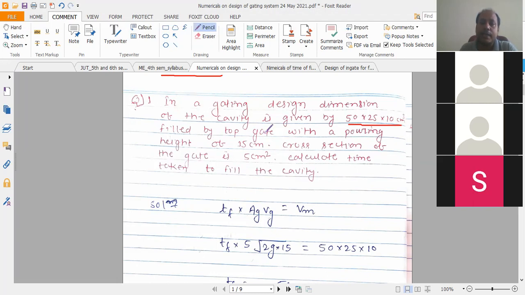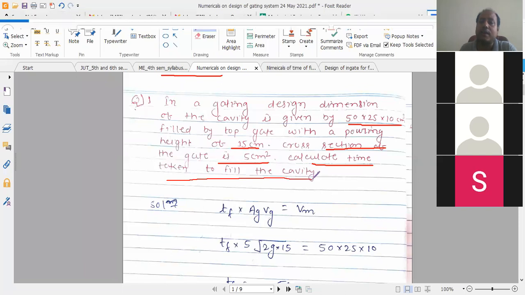The mold cavity is filled by the upper gate with a pouring height of 15 centimeter, and the cross section area of the gate is 5 centimeter square. Calculate the time taken to fill the cavity.